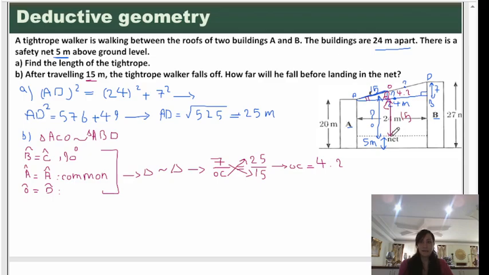So how far will he fall before landing in the net? I say 15 plus 4.2, which gives me 19.2 meters.